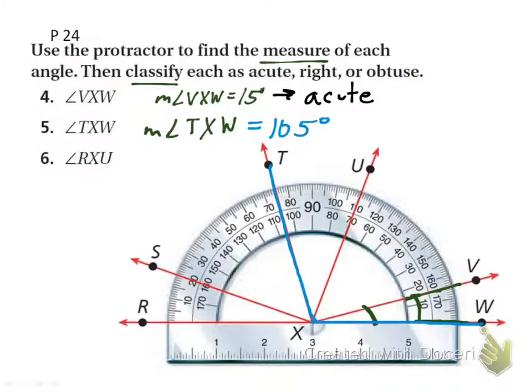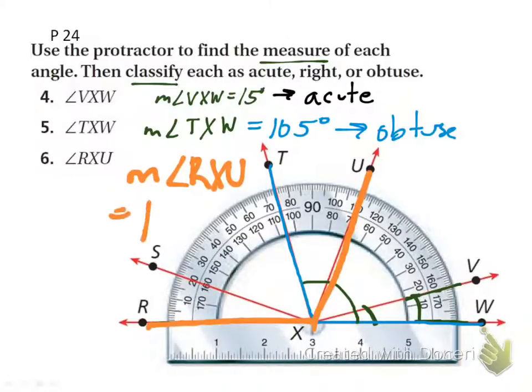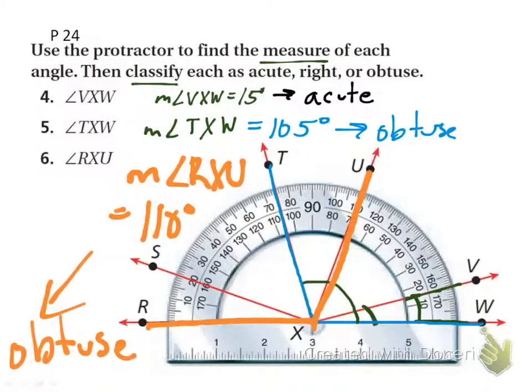And then we've got the measure of angle TXW, and you can see here this is an obtuse angle. I outlined it in blue, and I'm just following the letters that are in there, TXW. And then last of all, this orange angle, angle RXU.